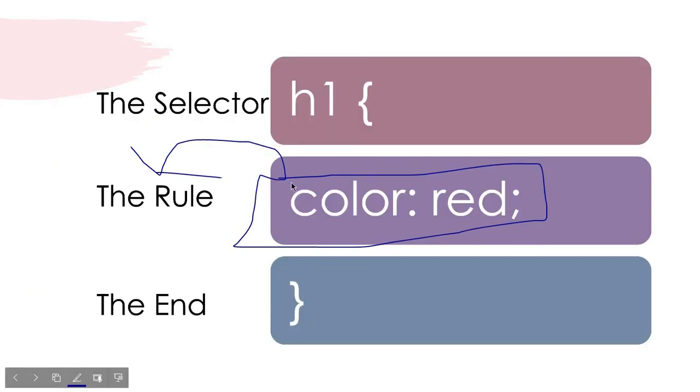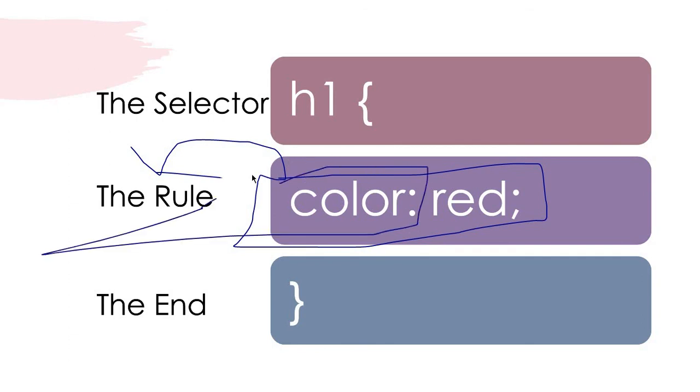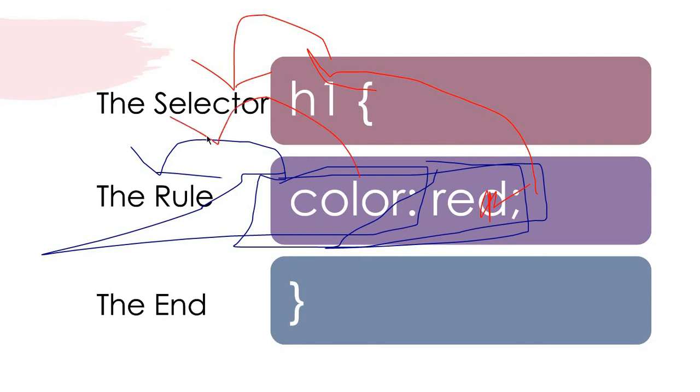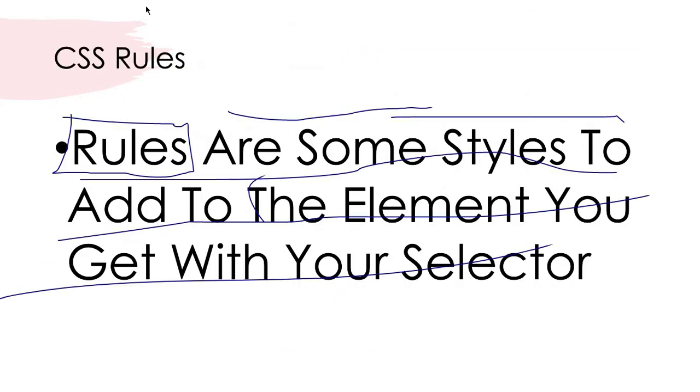So this rule adds the color of red to this H1 right there. And this is the selector, right? This is the rule. So that's what CSS rules do.